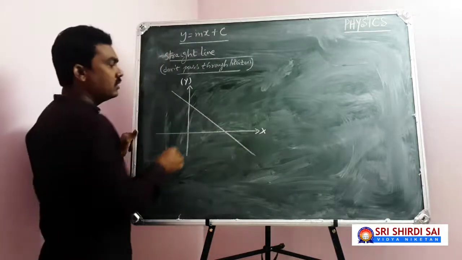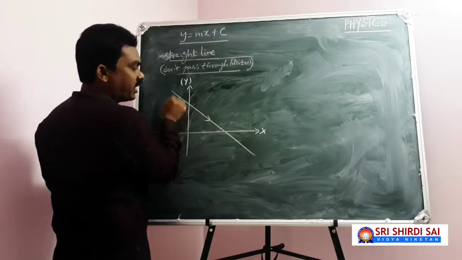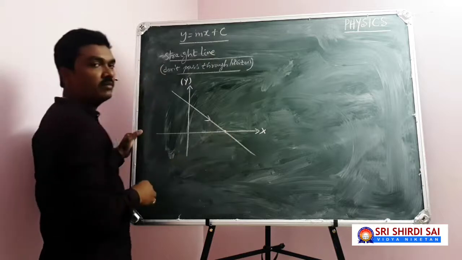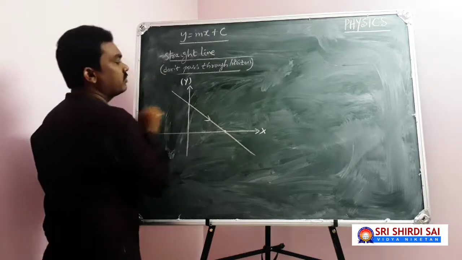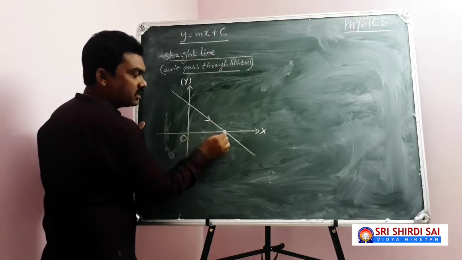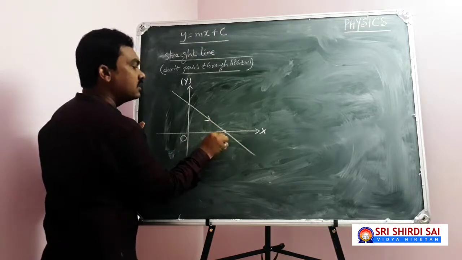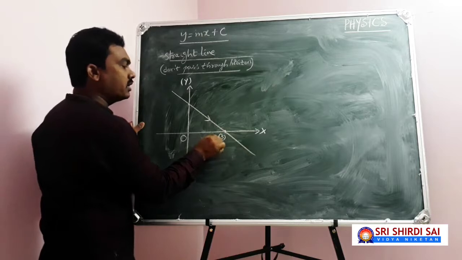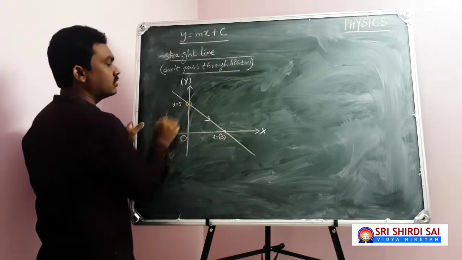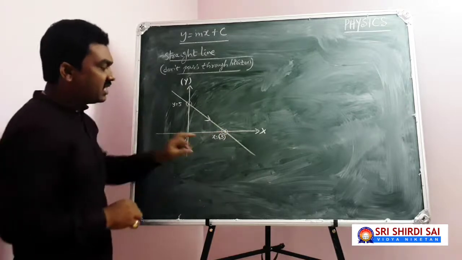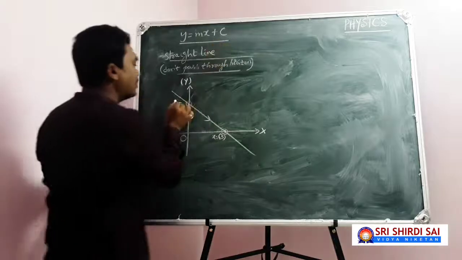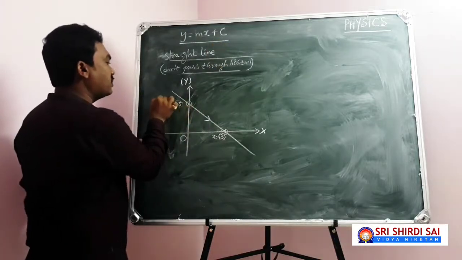Just for some time, look at this. Here your graph is a straight line. Of course, this is the x-intercept, you know very well, and this is the y-intercept. Suppose, for example, it is going to cut the x-axis at x equal to 3 units, and it is going to cut the y-axis at y equal to 5. So x-intercept is 3, y-intercept is 5. That c represents the y-intercept, that's what you need to understand.